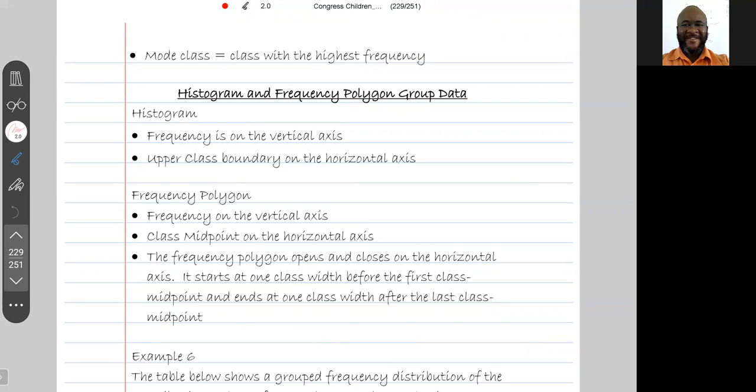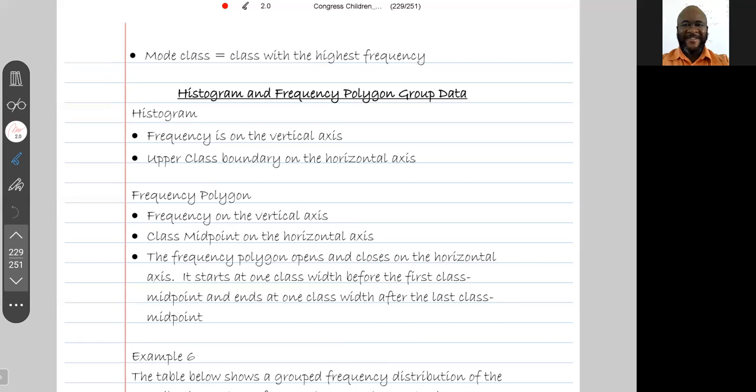You will see that in action when the time comes. For a frequency polygon, frequency is going to be on the vertical axis, and the class midpoint is going to be on the horizontal axis.